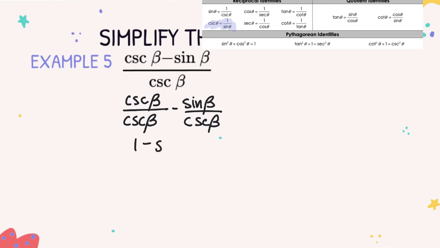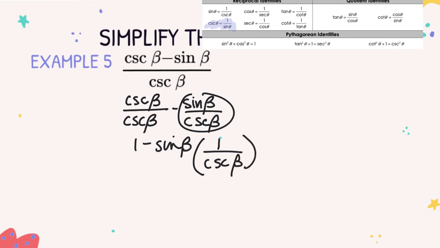Sine beta, I can factor that out of this fraction and then write cosecant as 1 over cosecant beta. See how I just pulled that sine beta off of that numerator and scooted it over, and then I replaced it with a 1?